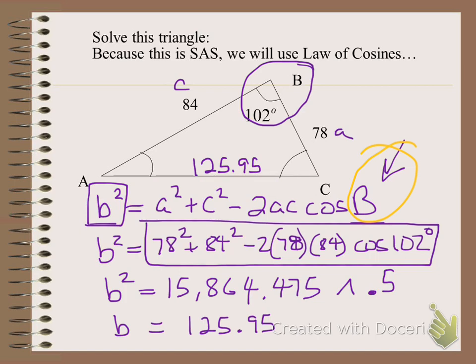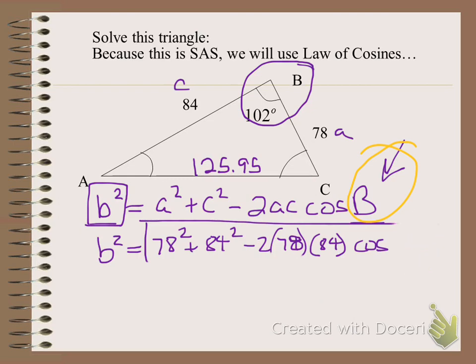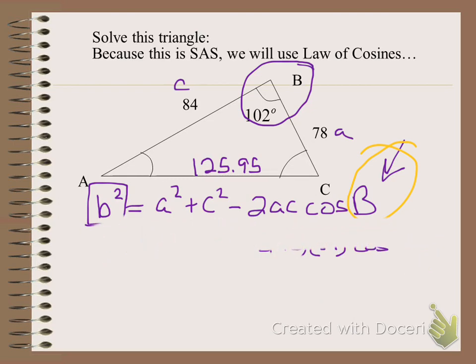Okay? All right, so once we find that side, here's what we're going to do. Now, because we know the angle and an opposite side, because we know these 2 pieces of information, we can switch to the law of sines. All right, we don't have to do the law of cosines again. We can switch to the law of sines, and that's going to give us this.